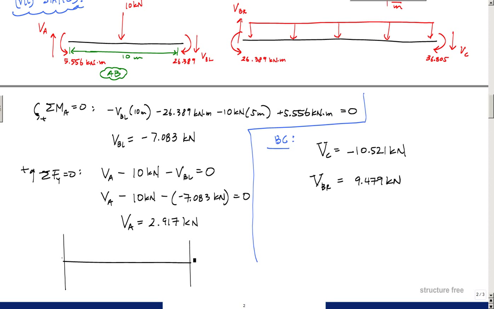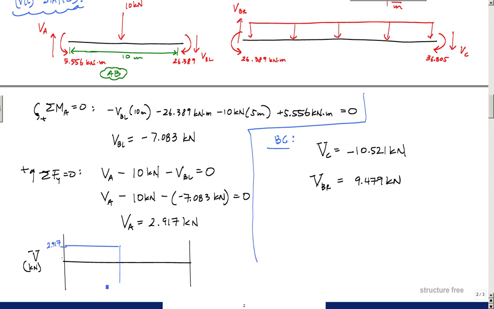And what it means, if I have this would be my shear diagram in kilonewtons. I would go up 2.917 kilonewtons, go all the way across until I hit my 10 kilonewton concentrated load, and then go straight down 10, which would get me to negative 7.083, hopefully, and I think it does.